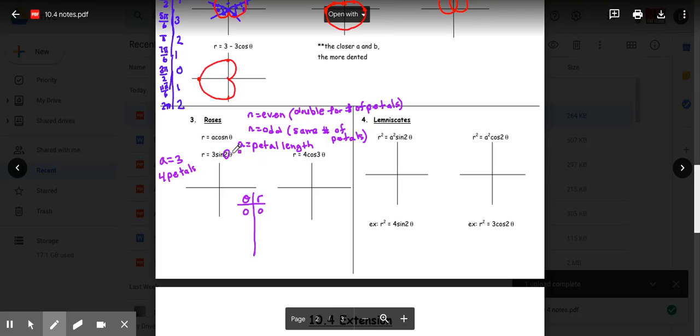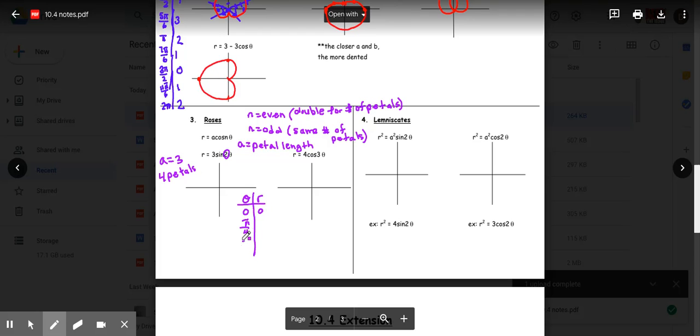So putting in pi over 6 is not necessarily going to help us because then you'd be doing sine of pi over 3. And sine of pi over 3 is root 3 over 2. Like, we don't want weird numbers. So actually a good one to plug in would be pi over 4. Because when we plug in pi over 4, 2 times pi over 4 is pi over 2. And that's a nice, easy number to work with.